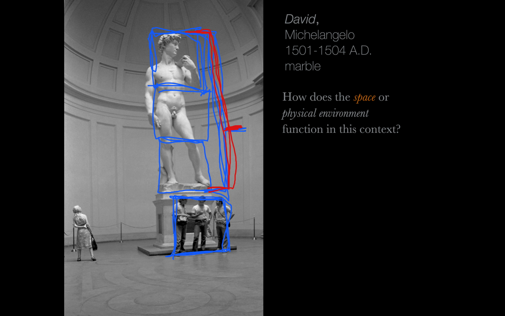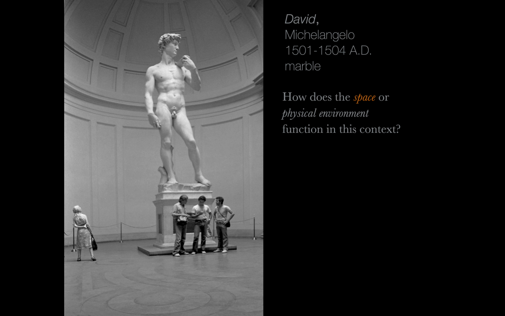So the space's physical environment, how does it function in this particular place? I would argue that it functions as a way to really accentuate and give an excellent viewing of the sculpture of Michelangelo's David. Now I'm going to ask a couple things. Do you notice anything odd about any of the physical traits of the David?